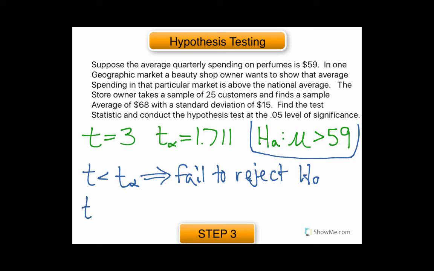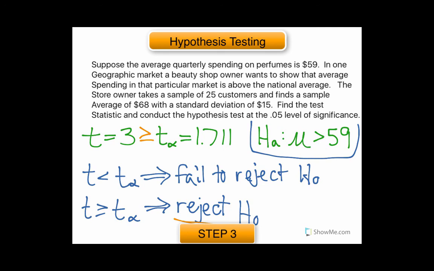On the other hand, if your test statistic is greater than or equal to your critical value, you reject the null hypothesis. So if we look at our test statistic and critical value up here, 3 is greater than or equal to 1.711, so we can reject the null hypothesis.